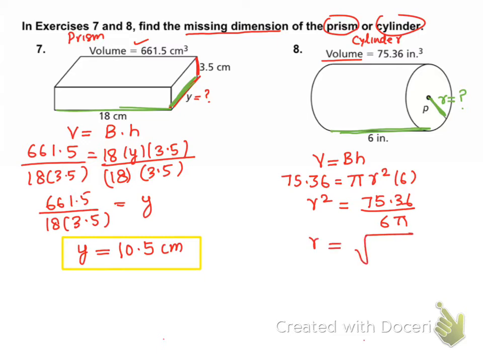That's going to be the square root of 75.36 over 6 pi. When you do it in your calculator, you will see numbers like this. So I have to approximately round it to the nearest tenth, so that's going to be 2 inches. All right, so that's all. Let me know if you don't get it. Thank you so much.